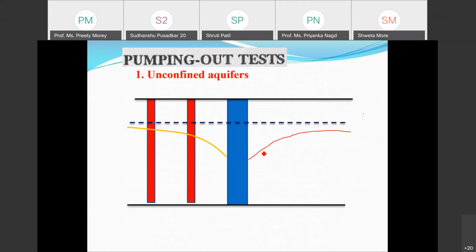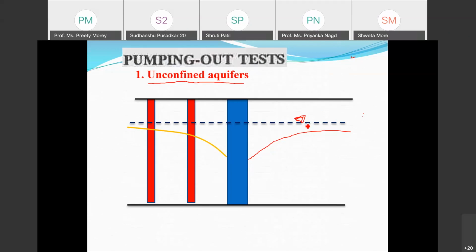And here, this method I am showing is for the unconfined aquifer. There are two aquifers, confined aquifer and unconfined aquifer. What is an unconfined aquifer? Probably you understood in geology. The water present in this soil mass is not under any pressure, so the pressure at the top of this water level is atmospheric pressure.